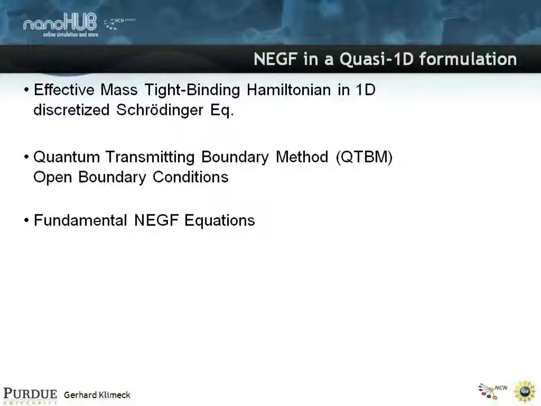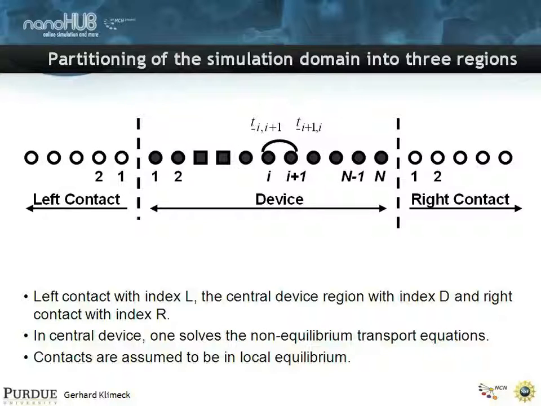So what we'll talk about is the effective mass tight binding Hamiltonian in 1D, the discretized Schrödinger equation, and the quantum transmitting boundary condition as an open boundary condition treatment. You have a device and you put it into a discretized mesh.